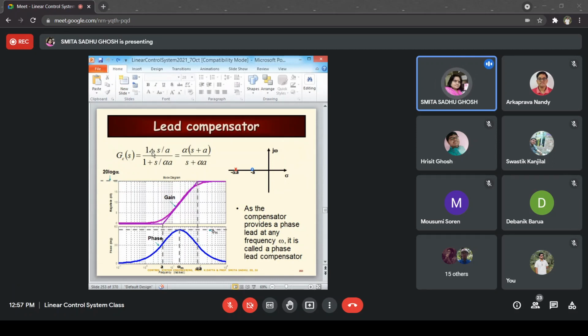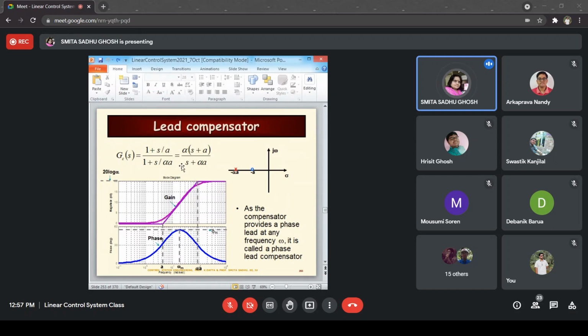So phase contribution from the numerator would be how much? Tan inverse of omega by a by 1. So that is tan inverse of omega by a. And then phase contribution from the denominator would be how much? Minus of tan inverse of omega by alpha a, right? So that would be the overall expression for the phase over here.